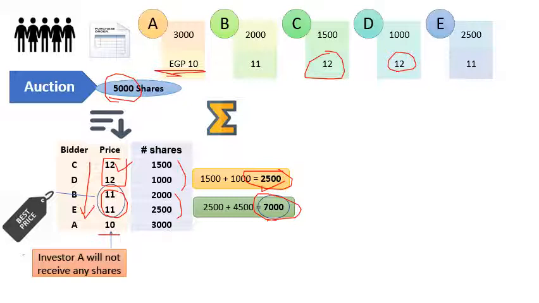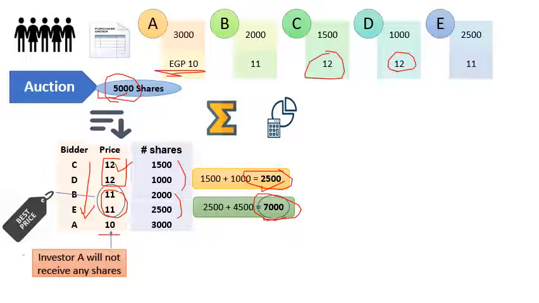So investors C, D, B, E are called winning investors because they demand to buy shares at a higher price. But all those investors will pay the uniform clearing price, which is 11 Egyptian pounds. But how many shares are received by each investor? We said before the total number of shares requested is 7,000 shares, but the company wants to sell 5,000 shares.